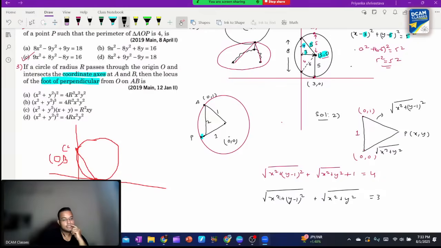Then from the origin, there's a radius passing through, so it'll intersect here and then pass through the center C. But how will you come to know that this is the center?